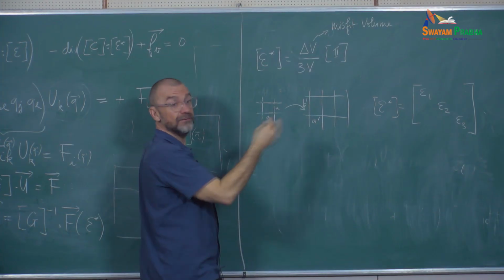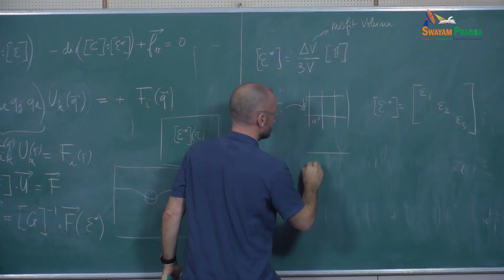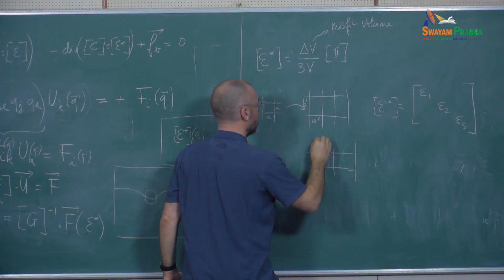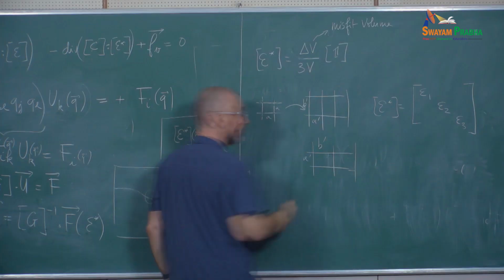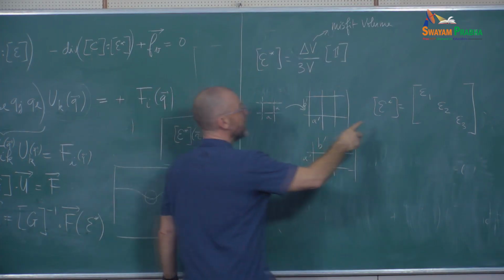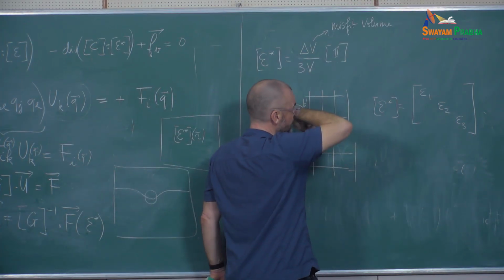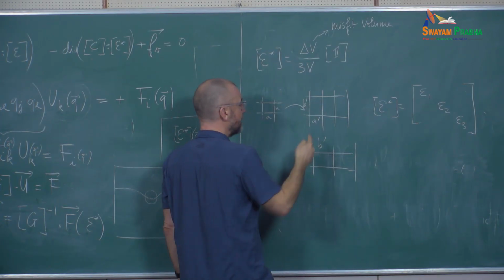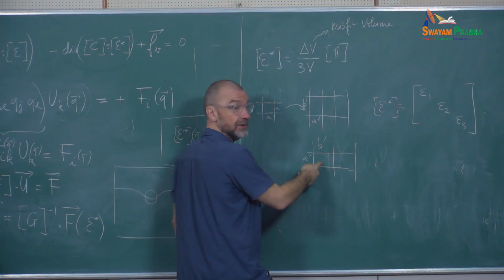I could have another variant where it's the same, but now B prime is here and A prime is there. So in these simulations, very often, you have several fields that depend on the variant that you have.